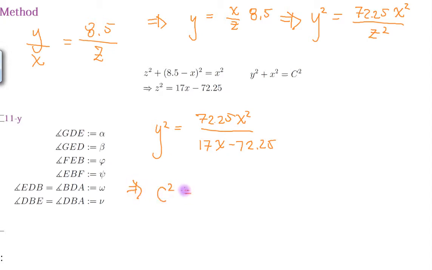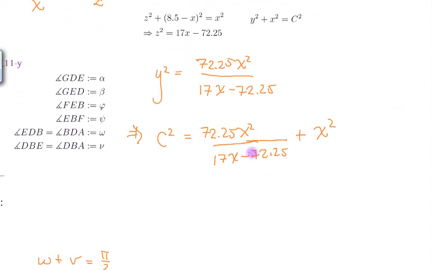So c squared equals this term, 72.25 x squared over 17x minus 72.25, plus x squared. So that means we'll have to find a common denominator, which is the term in the bottom. So let's do that.